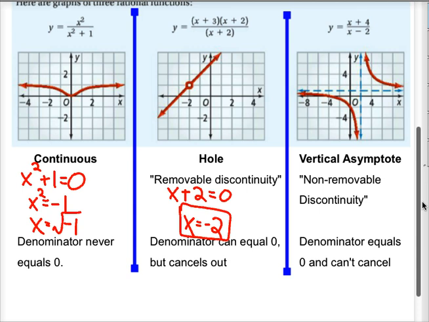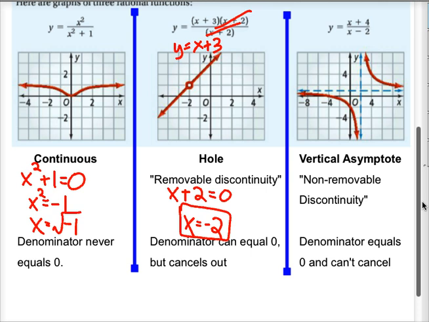What that means is notice that factor of x minus 2. It actually cancels out, and this just becomes y equals x plus 3. So notice the graph is of the line y equals x plus 3 because that x plus 2 factor cancels.